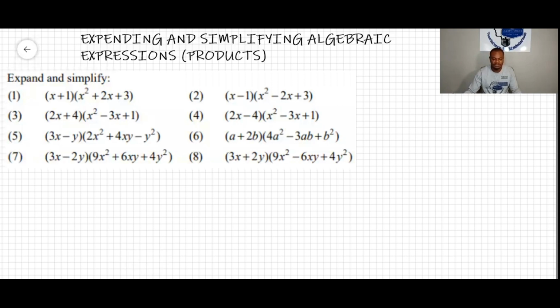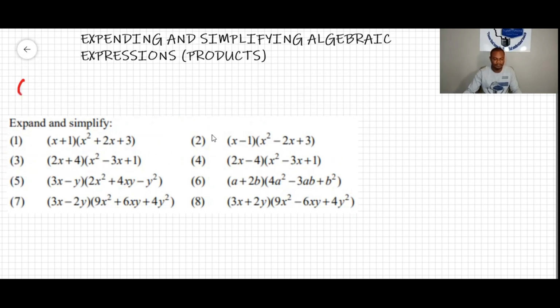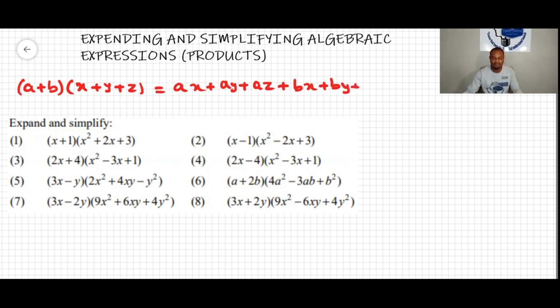Let me remind you, we've seen that if we have A plus B times X plus Y plus Z, this is AX plus AY plus AZ plus BX plus BY plus BZ.